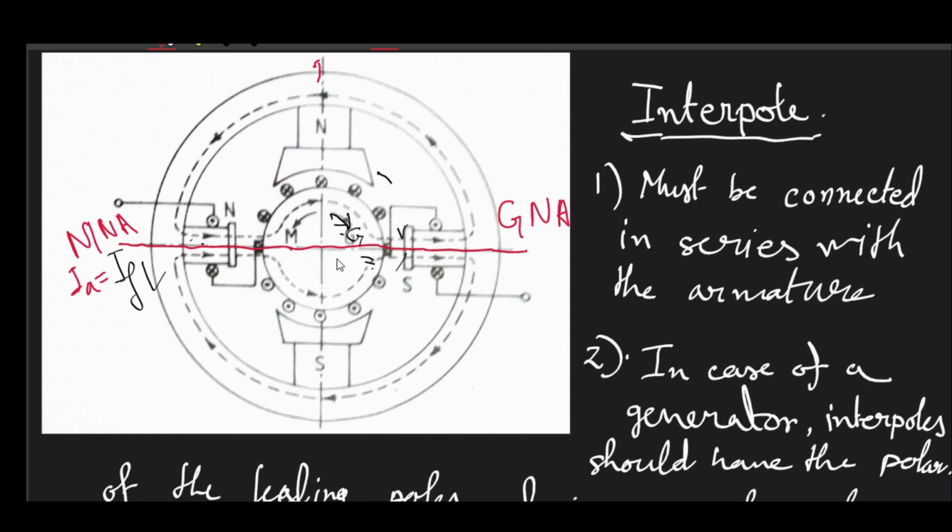Also, whenever you introduce an interpole, think about the armature current. First of all, think about whether the interpoles are getting alternating current or direct current. Obviously they are getting direct current, because there is no point of feeding your interpole with the armature alternating current.